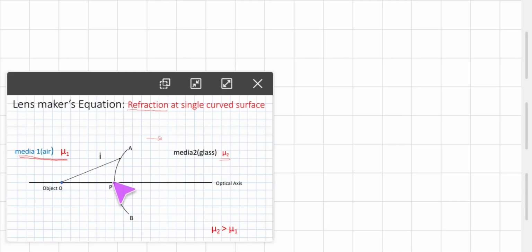These two rays are basically responsible for forming the image. Next, here is the center of curvature. This is a part of a circle whose radius is from this point to this point, and this point is called the optical center, which we already saw.